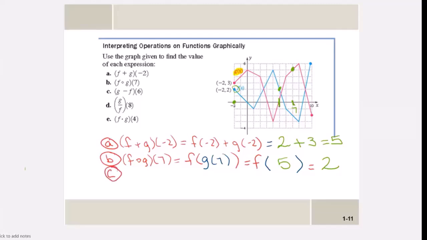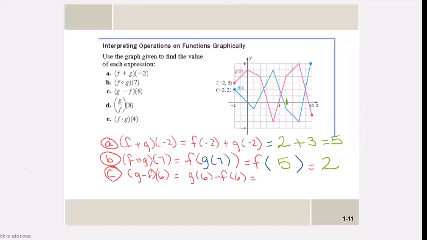C, we have g minus f of 6, which is equal to g of 6 minus f of 6. So g of 6, let me erase all these little marks from before. Okay, so g of 6, we go out to 6, which is right here.